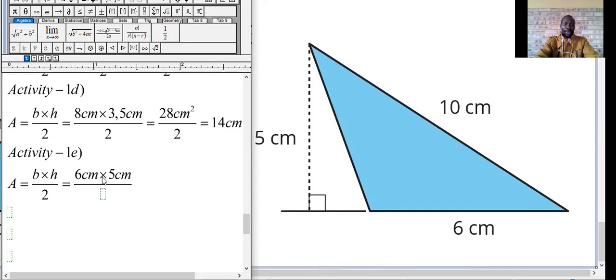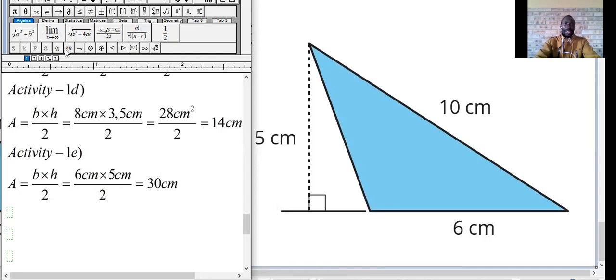We're now dividing by 2 right away here. So this way, we can go ahead to determine the area. Please notice that 6 times 5 gives 30 for the numerator, so we have 30 centimeters squared.